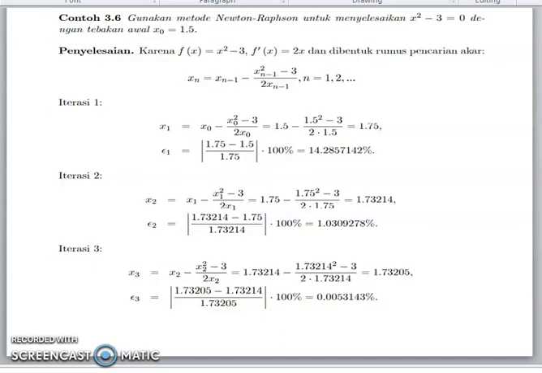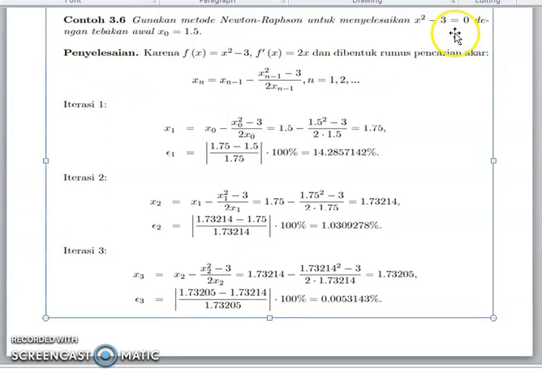And your assignment for this topic: you have to solve the function x squared minus 3 equals 0, with the initial guess x0 equal to 0.5.